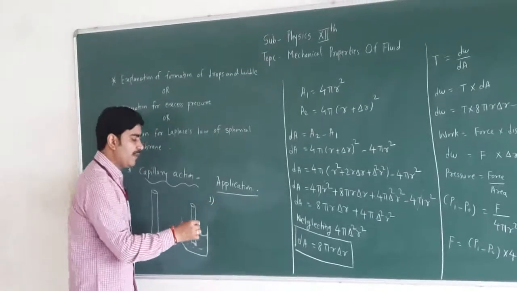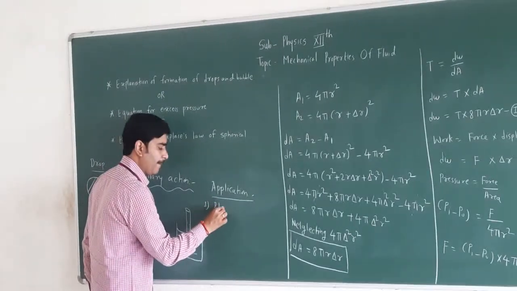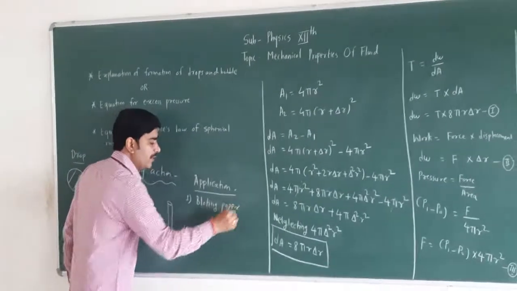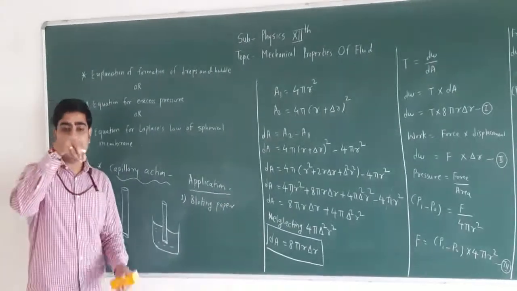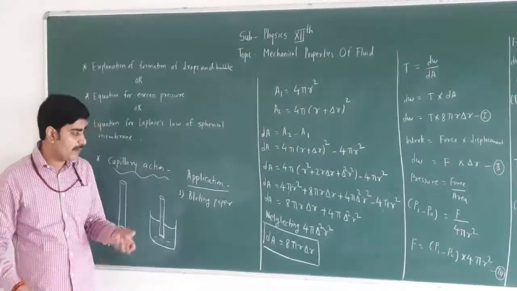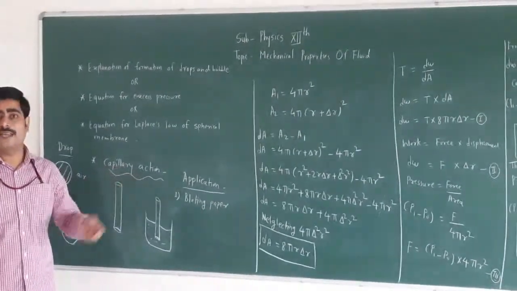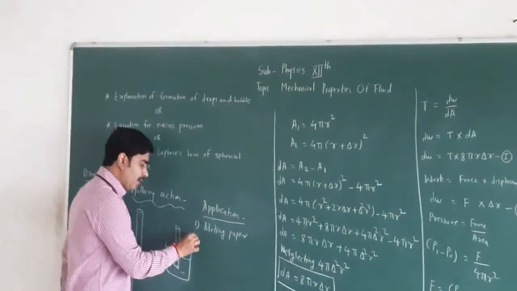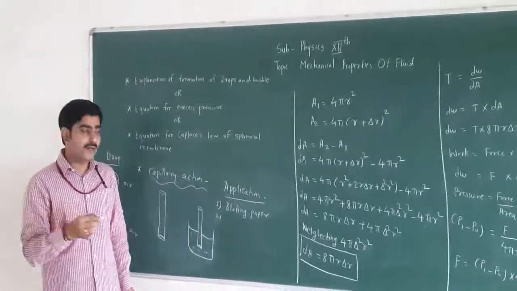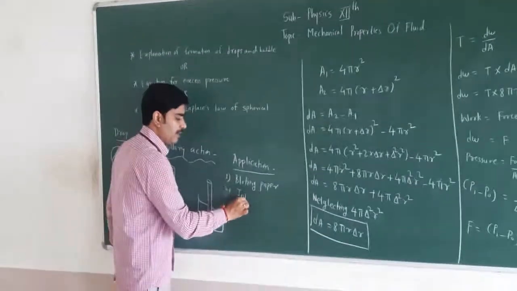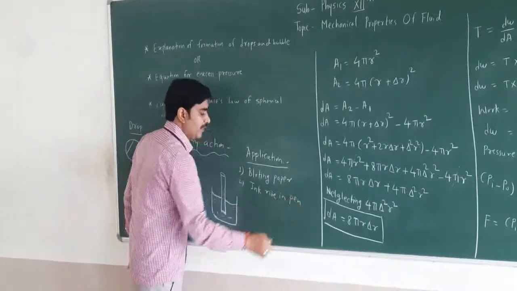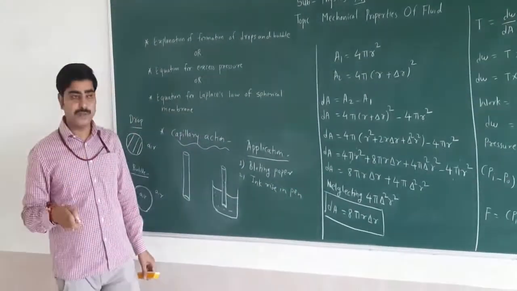First, if we take blotting paper and keep it on water, then the water will be absorbed by the paper, that is due to capillary action. Again, when we are writing with a pen, the ink rises in the pen due to capillary action.